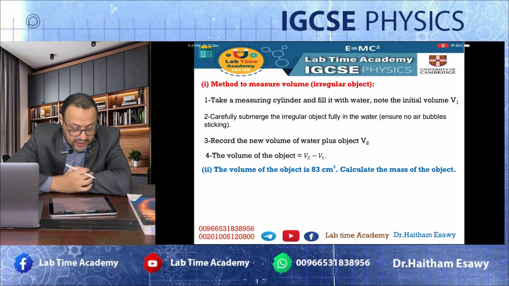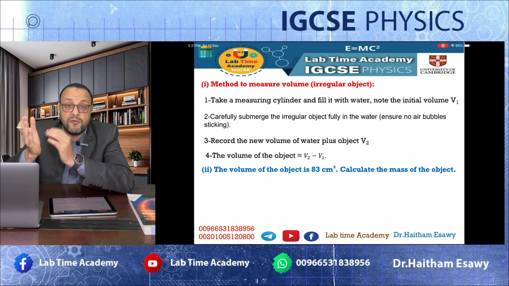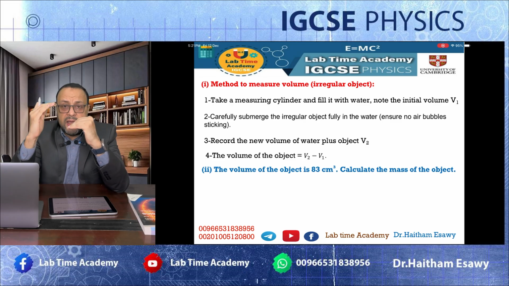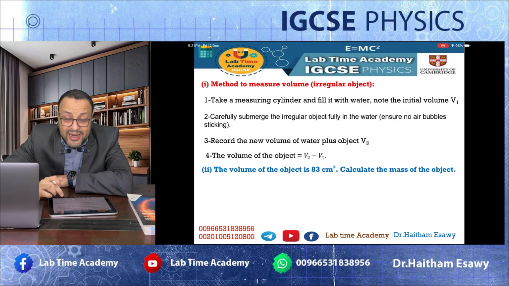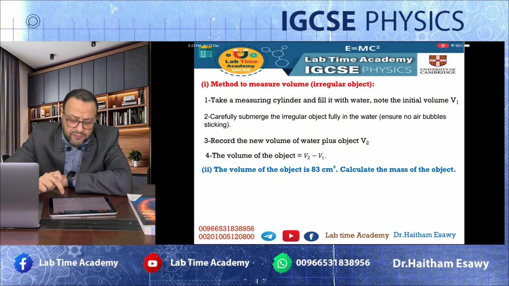2. He asked you to get the mass of the object, and he gave you the volume of the object, which is 83 cubic centimeter. All of you know that density equals mass over volume, rho equals m over V. So if we want to calculate m, we use cross multiplication: mass equals density multiplied by volume.